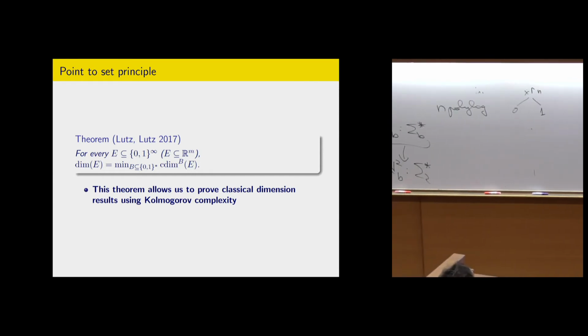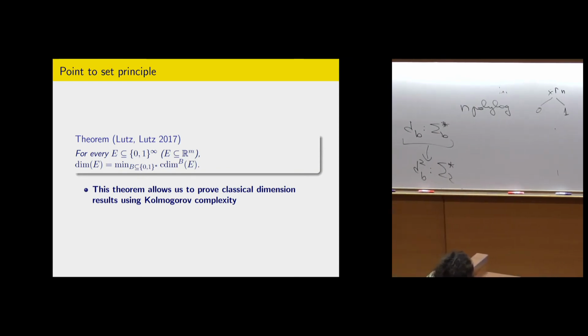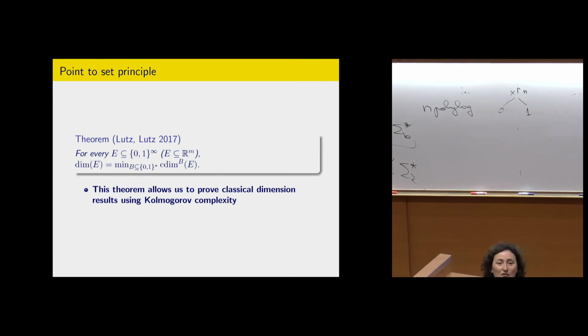This is dimension using lower semi-computable gales, or martingales if you prefer. And this is Hausdorff dimension. Maybe I should have written the H there. So Hausdorff dimension is just the classical Hausdorff dimension.